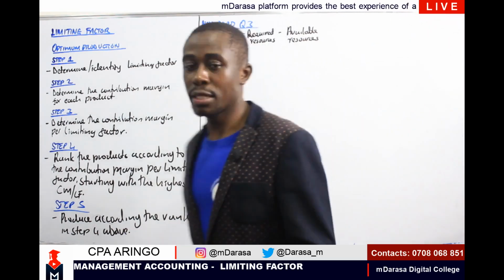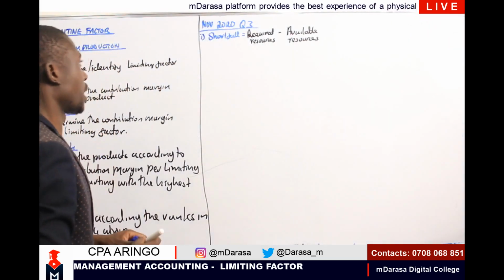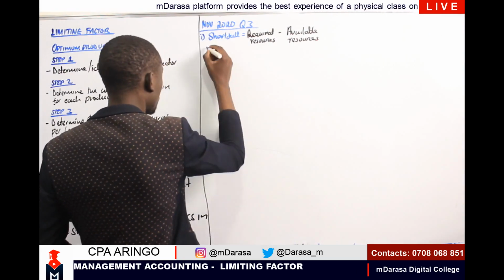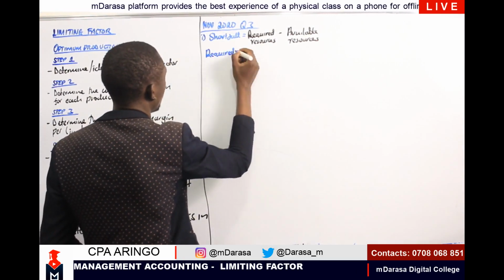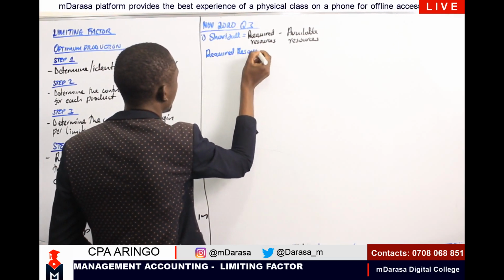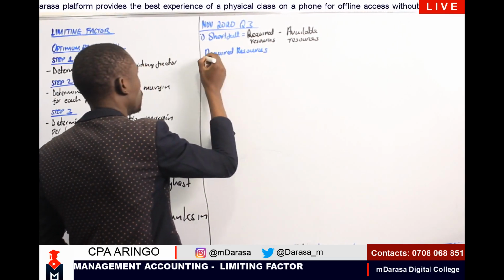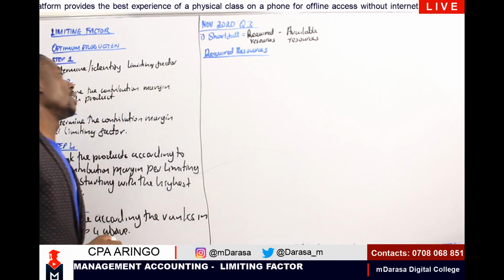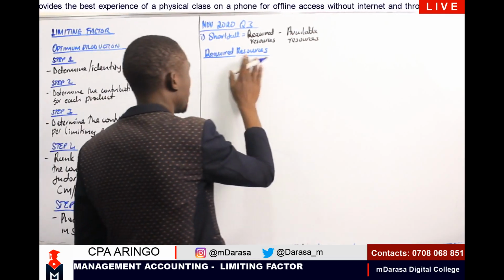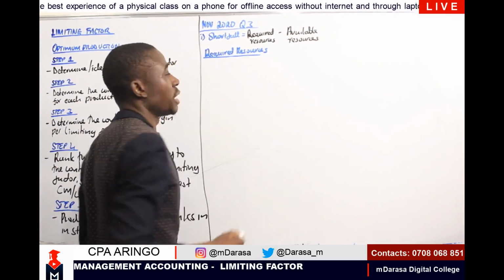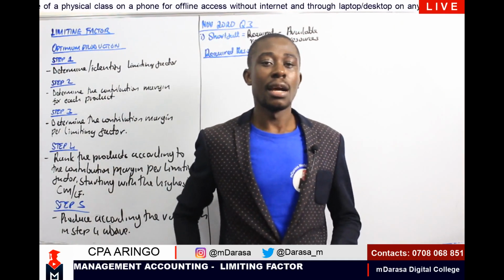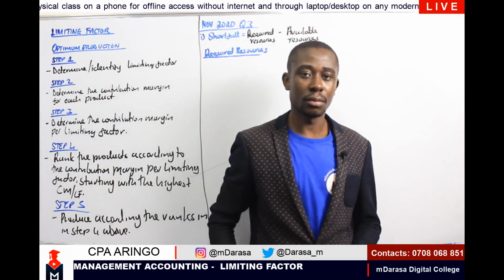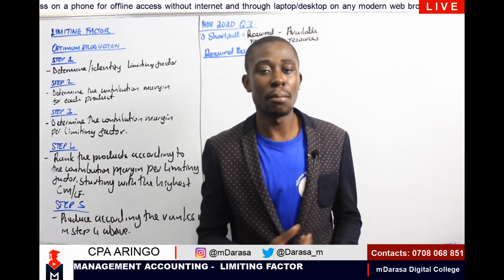So come and determine our required resources. How will you determine our required resources? The examiner had clearly stated to us that we had a limiting factor in labor hours. So it will be upon us to determine for each product how many hours we required to produce our maximum production.